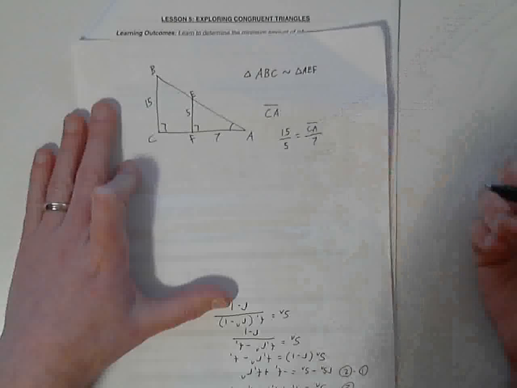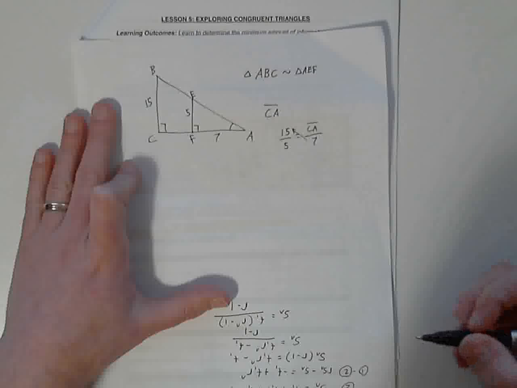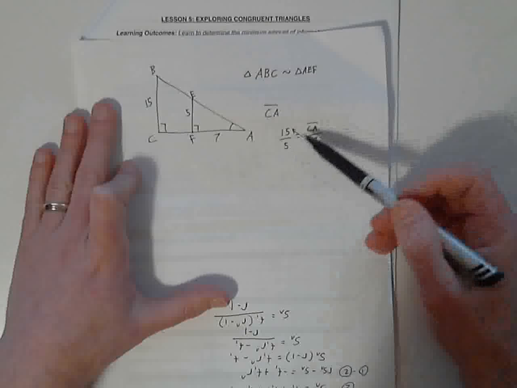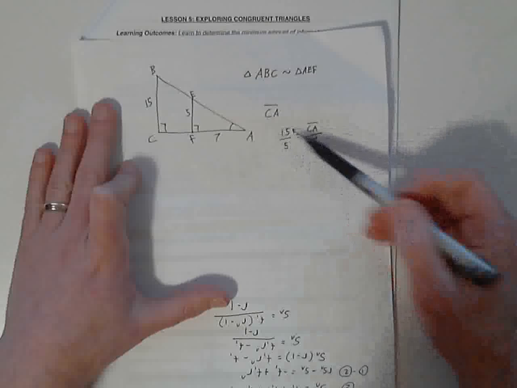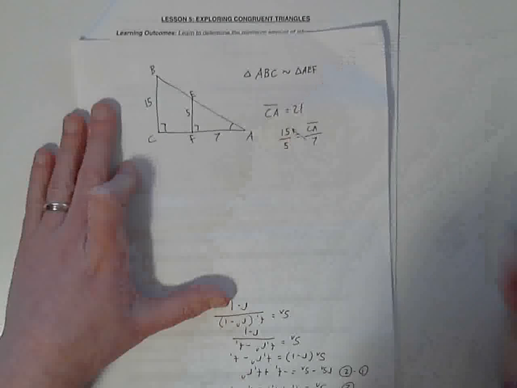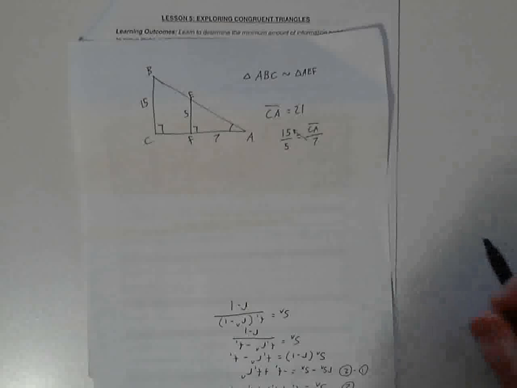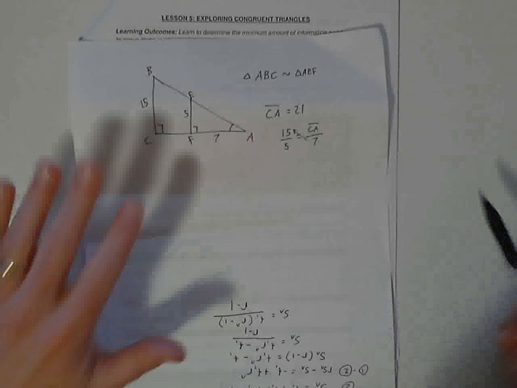You'd set it up like that, and then you could solve by multiplying 15 times 7. But hopefully you can see this number over here is just 3, so it's 7 times 3. So C to A should be 3 times bigger than 7, which is 21 centimeters.